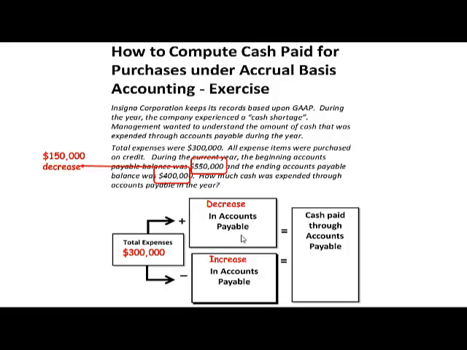So we're going to apply that to the decrease in accounts payable box. So we have total expenses of $300,000, and we add our decrease in accounts payable, which means the cash paid through accounts payable was $450,000.